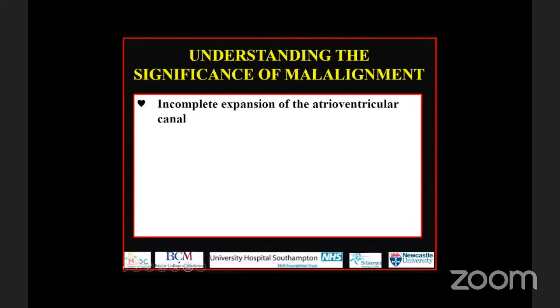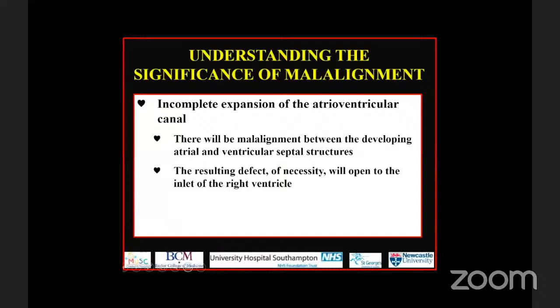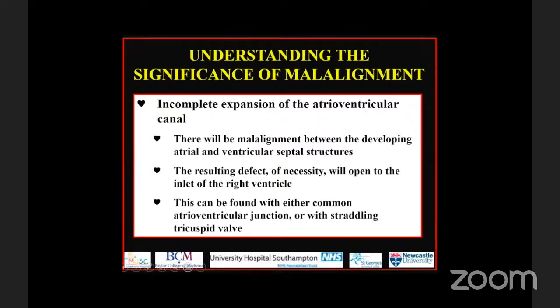So what is the consequence of incomplete expansion of the atrioventricular junction? And here we are back to malalignment, because when there is incomplete expansion, we will once more see malalignment between the developing atrial and the apical muscular ventricular septa. Of necessity now, the defect that will persist will open to the inlet of the right ventricle, because the expansion has been incomplete.